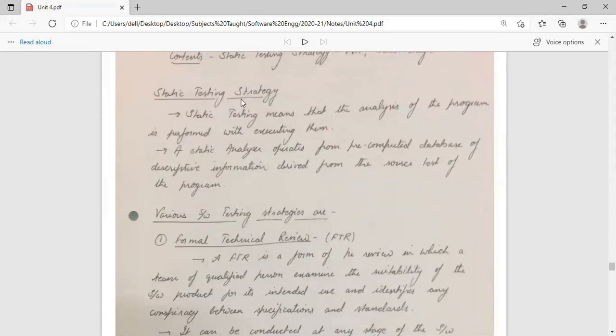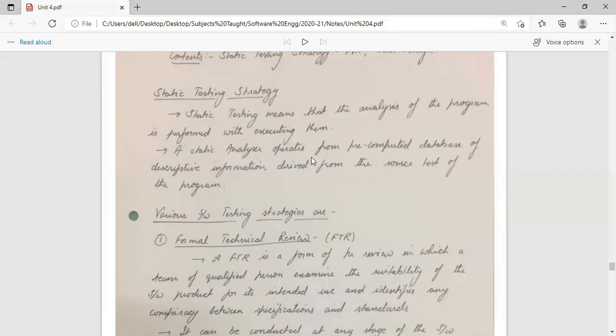What are these? First is called the static testing strategy. Static means the one which is not changing with time, that remains the same. Right? So static testing means that the analysis of the program is performed without executing it.